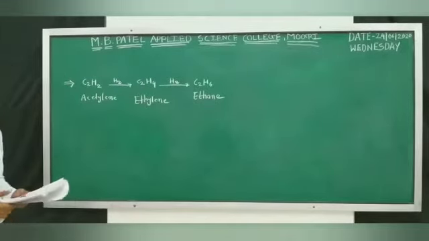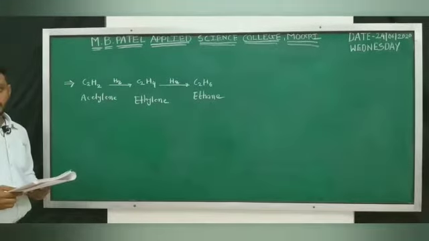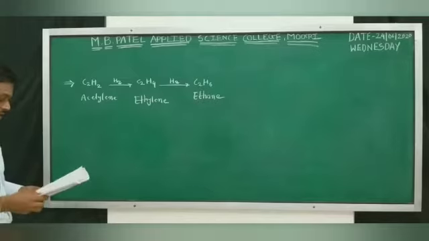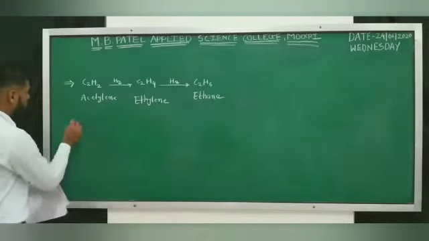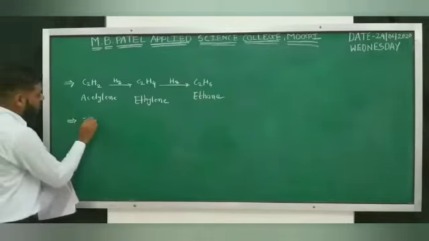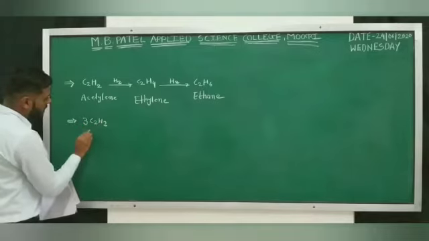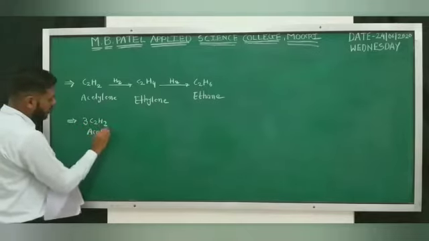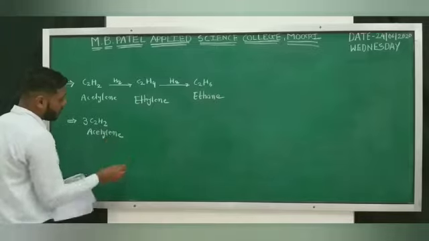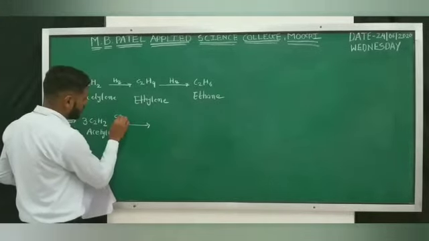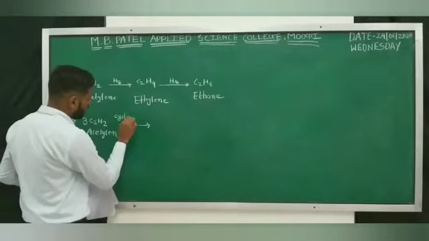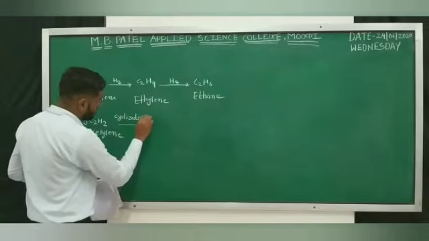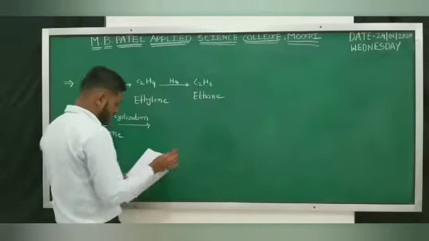Next, cyclization. Cyclization of 3 moles of acetylene to give benzene.